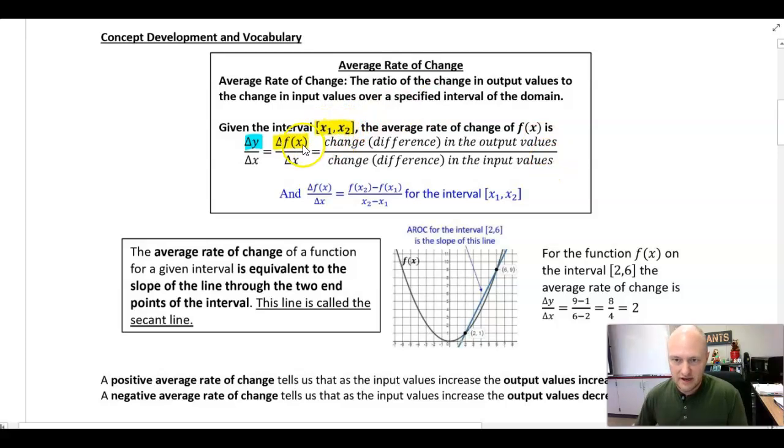So you can plug in your x1, okay, and you can plug in your x2 to find those function values. And then we'll go ahead and calculate the change. So delta f of x is going to be f of x2 minus f of x1, your second y value minus your first y value, divided by your delta x, x2 minus x1. And again, your x values are always given in the specified interval.